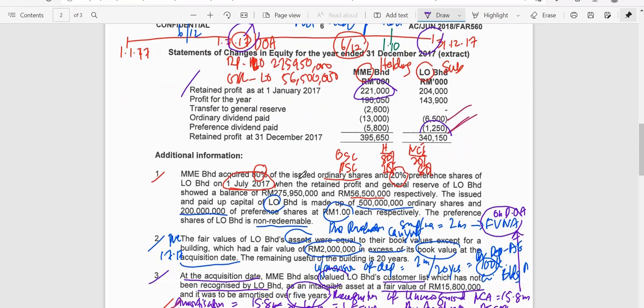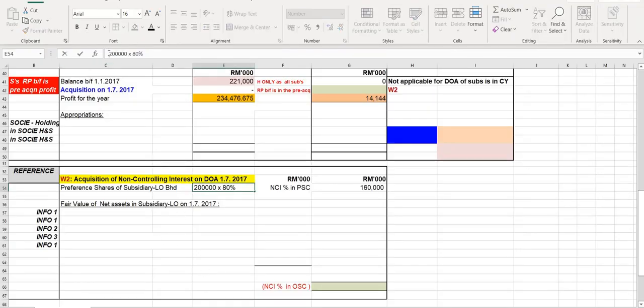It is the one that you have been informed of here in the subsidiary's information. 200 million actually, 200 million of preference shares, and we multiply with 1 ringgit, you have 200,000 ringgit, and this is not in units, this is actually the amount, 200 million. So I add up. Yep, that was the working, and therefore 200 million times 80%, it will give you 160 million.